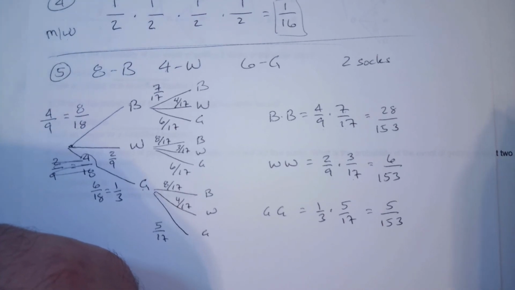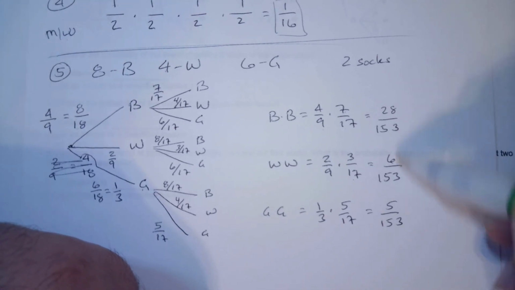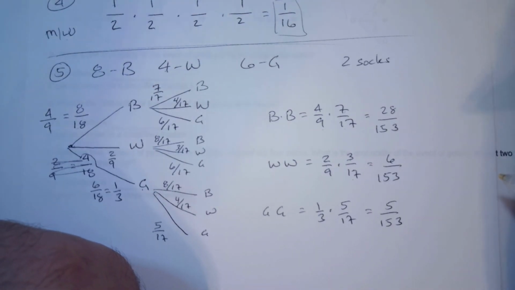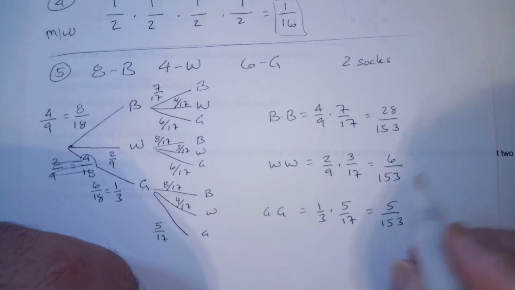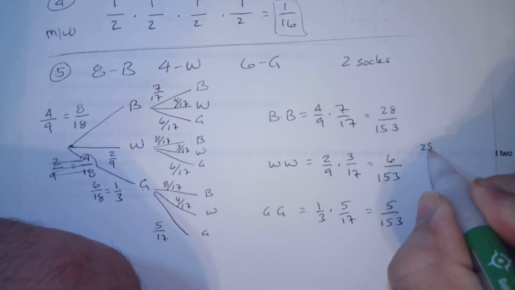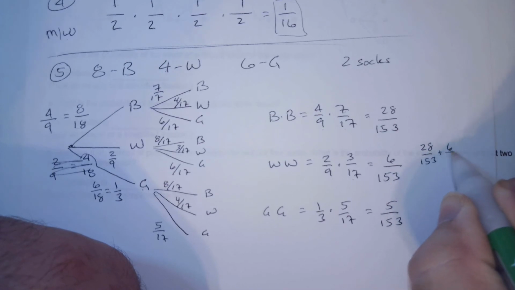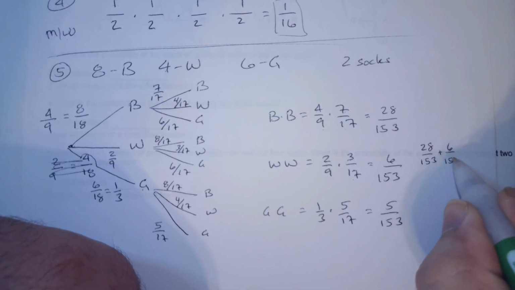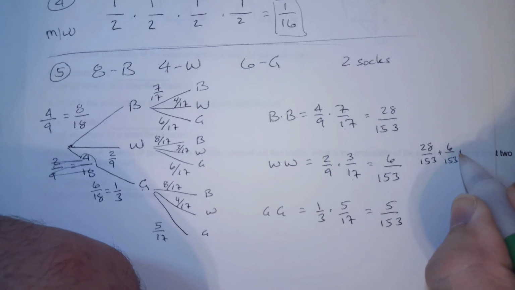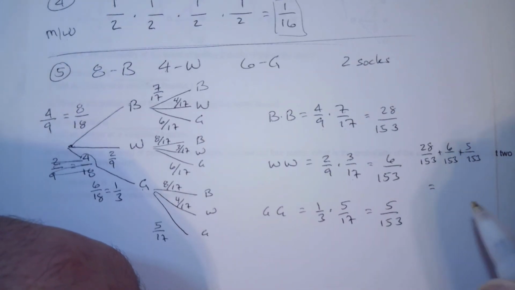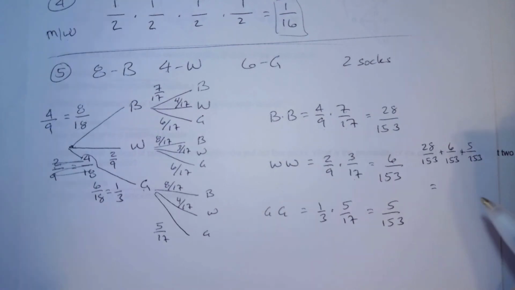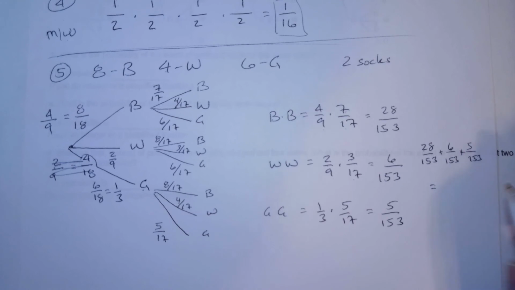So now next what we have to do? Well, we have to add those. So we have 28 over 153 plus 6 over 153 plus 5 over 153.